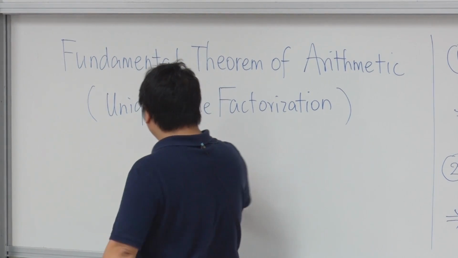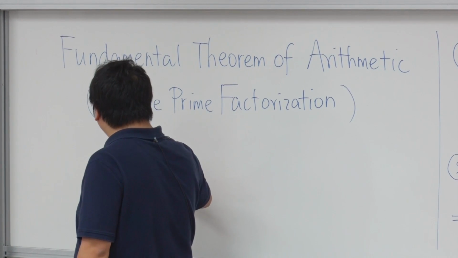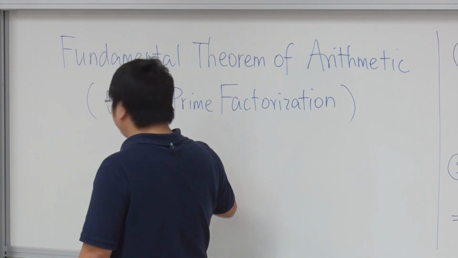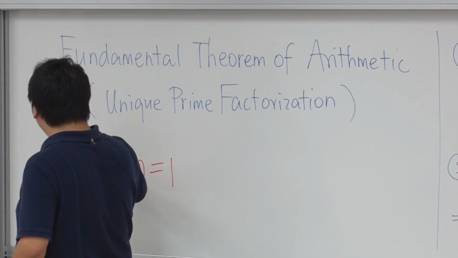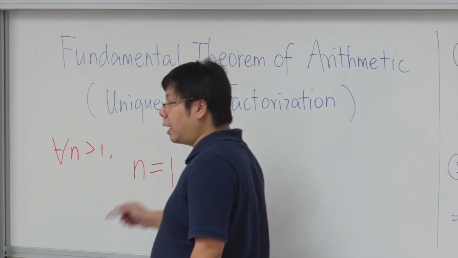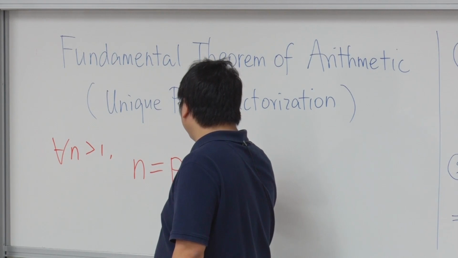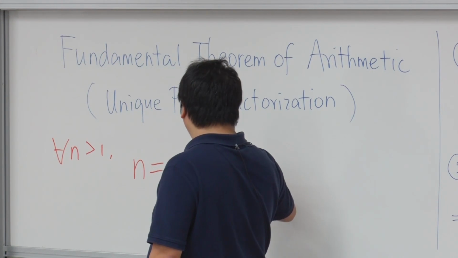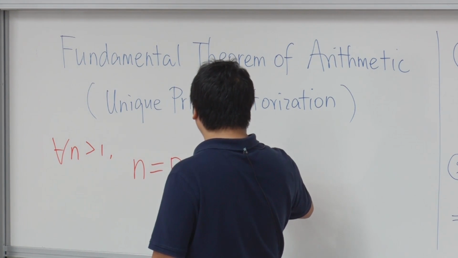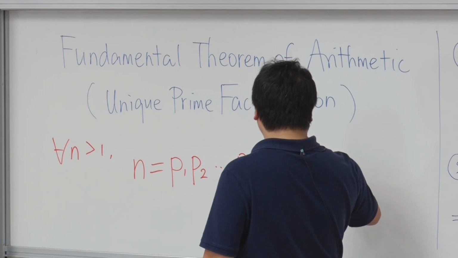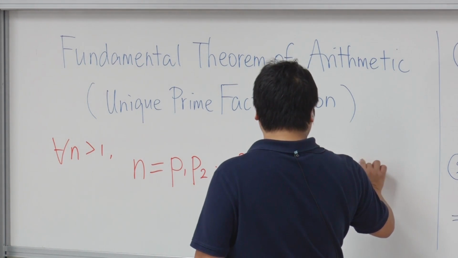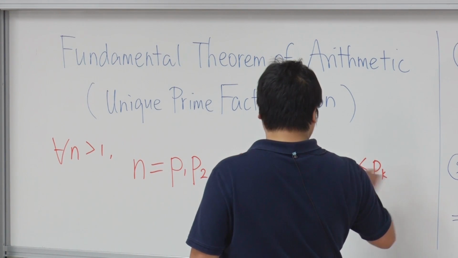So if you want to express it, for every integer n greater than 1, n can be expressed as a product of primes P1, P2, up to Pk, such that P1 is less than or equal to P2, less than or equal to P3, up to less than or equal to Pk.